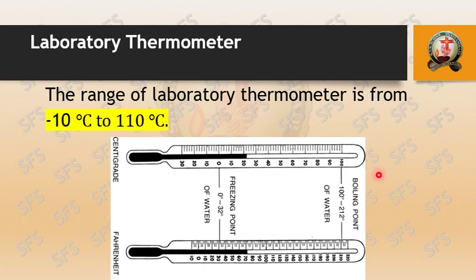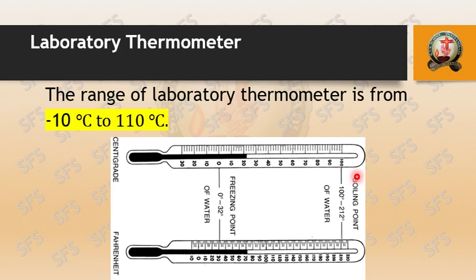That is the boiling point of water, the temperature where water boils and converts from liquid to vapor state. So the boiling point of water is 100 degrees. A normal laboratory thermometer in degree Celsius units starts from minus 30 degrees to plus 100 degrees Celsius.